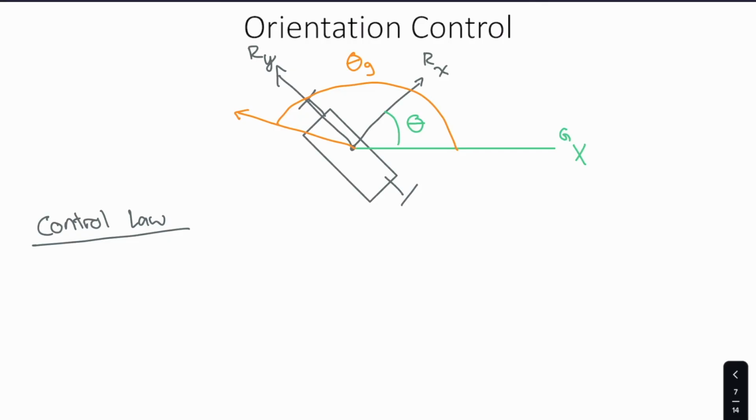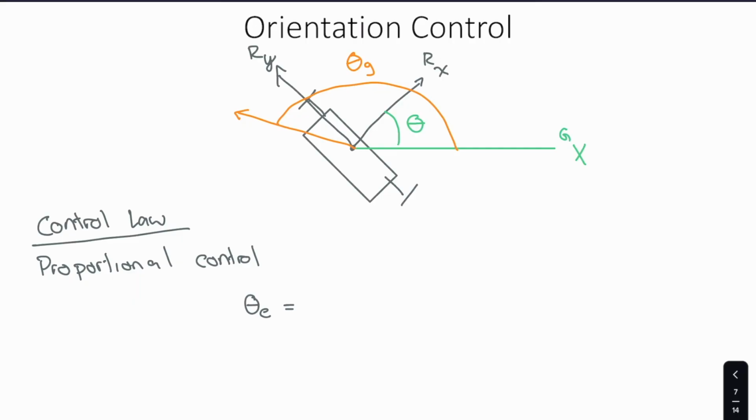And for that we're going to use a proportional control law. Specifically, we want to minimize the error between these two values. We want theta to be equal to theta g. So I'll first define a value for the error.